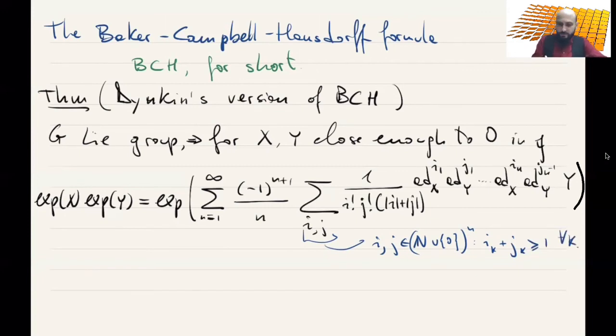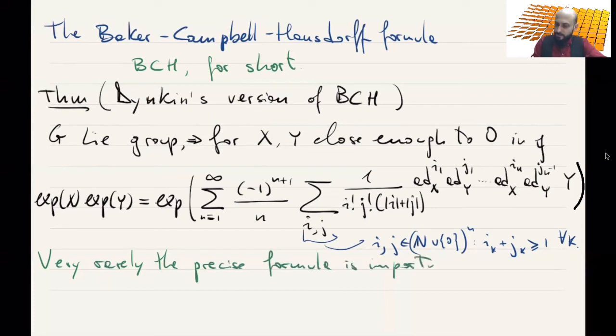Now, let me stress one thing. Very rarely do you really need the formula. Very rarely is the precise formula important. What's really important is that there exists a formula.